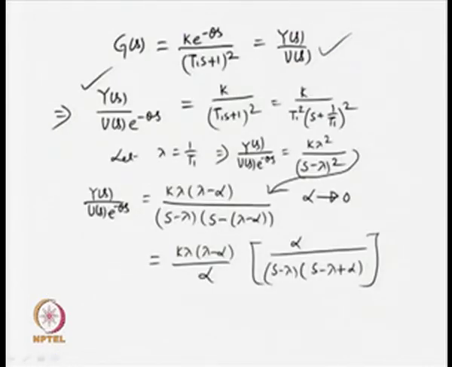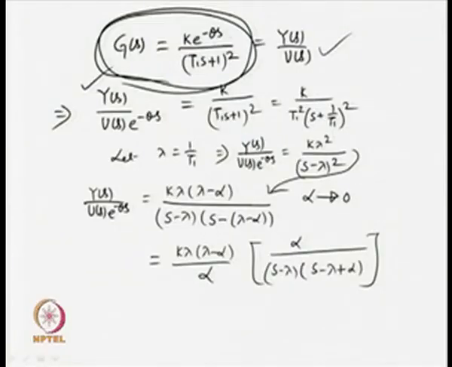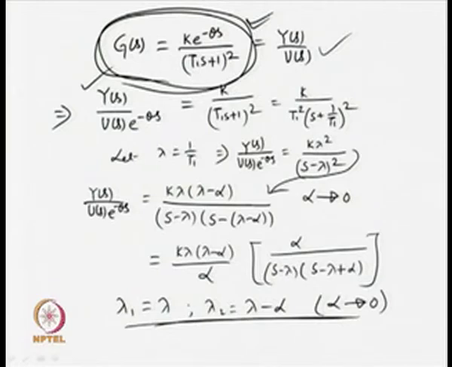The set of analytical expressions that we have derived so far can be used for identifying a transfer function model of the form G(s) equals k e to the power minus theta s upon (T1 s plus 1) squared, provided, again let me repeat, provided lambda 1 is equal to lambda, lambda 2 is equal to lambda minus alpha, with the condition alpha tends to 0, is used in the set of analytical expressions.